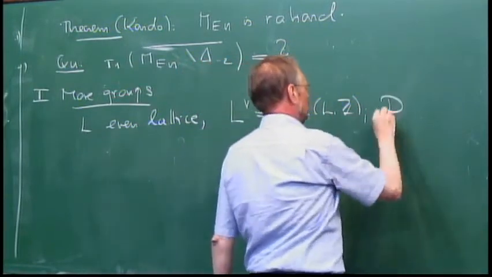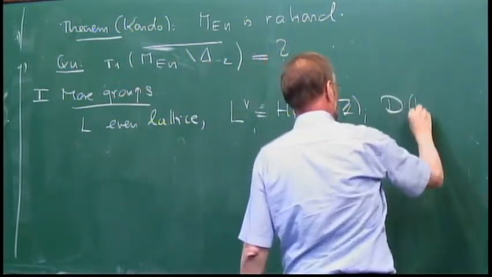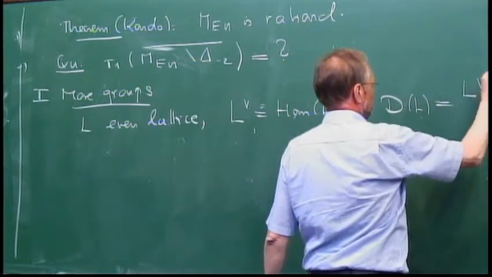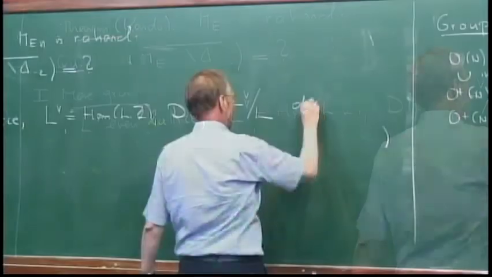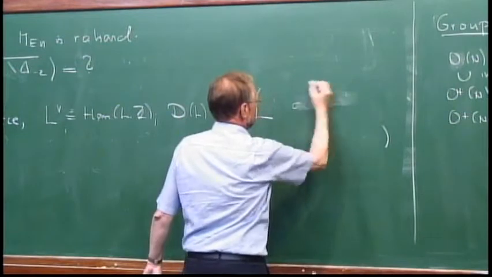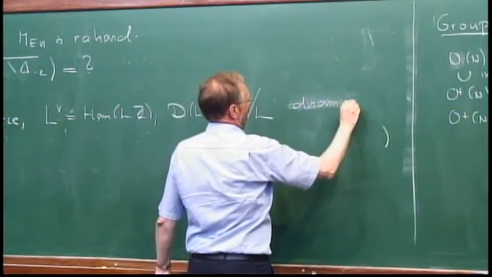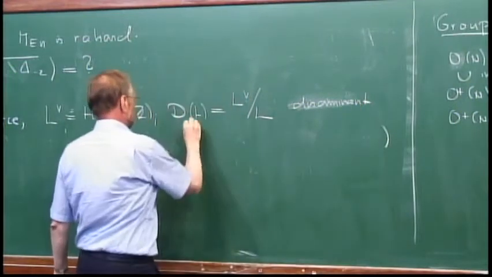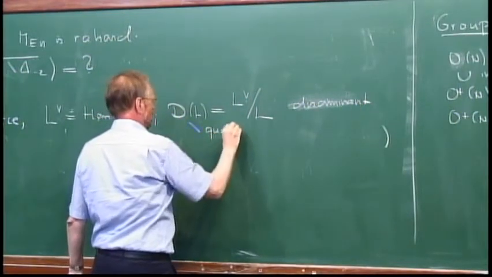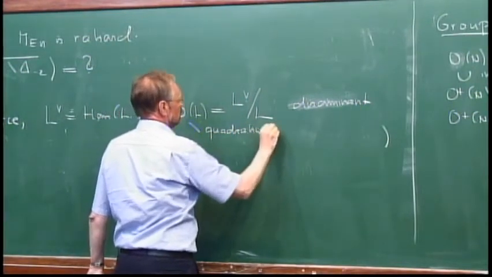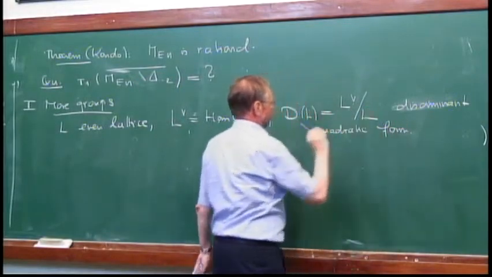And we can look at the discriminant of L, which is L dual divided by L. And this comes with an induced quadratic form.